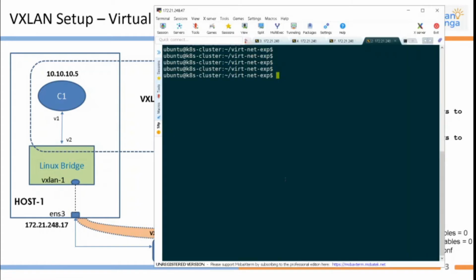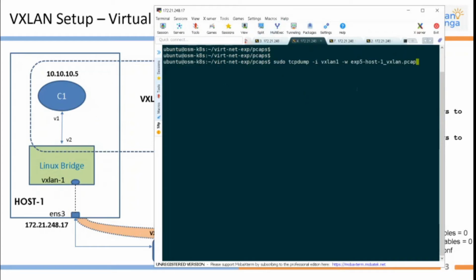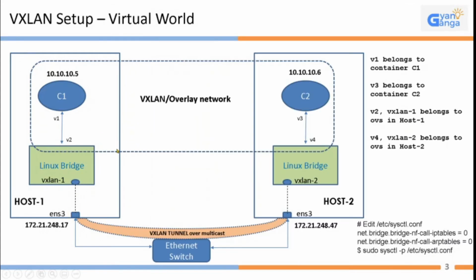Now we will initiate the traffic from C1 to C2. Before that, we will capture the packets on VXLAN interface as well as ENS3 interface. Just a note, when the traffic is initiated from C1 to C2, it will be same if we capture the traffic either on V1 or V2 or VXLAN 1 here, or either on V3, V4 or VXLAN 2.